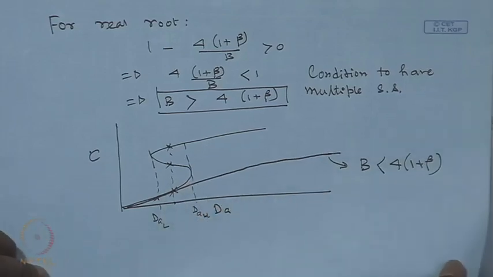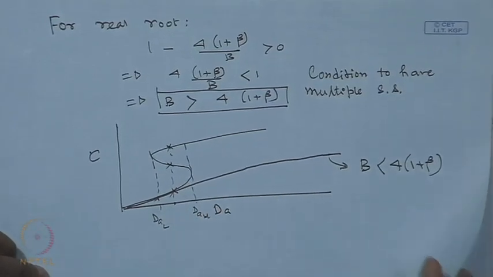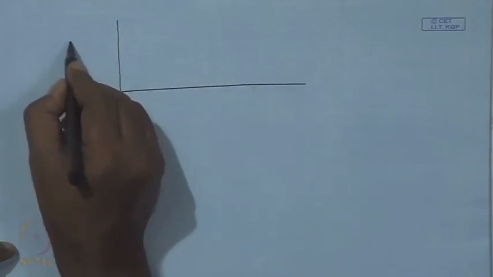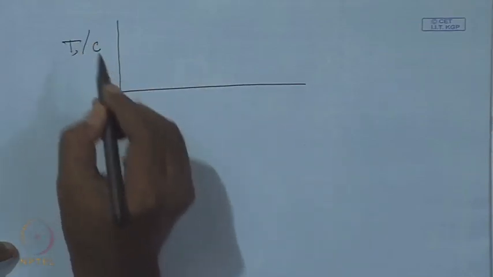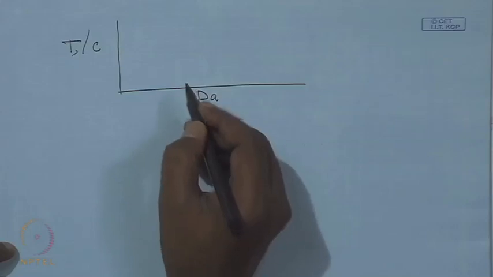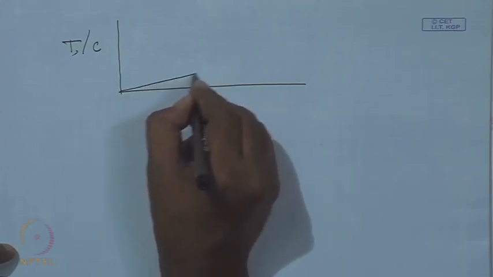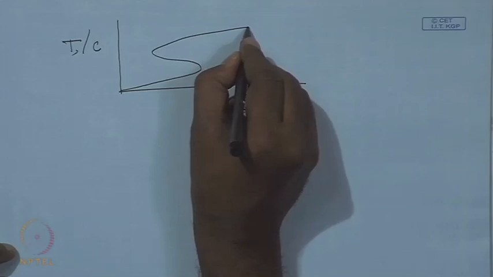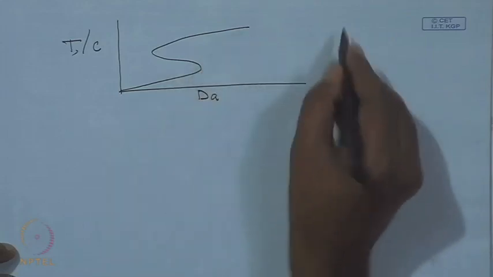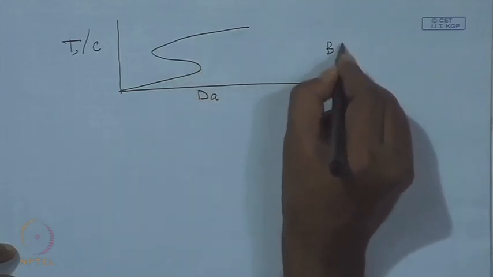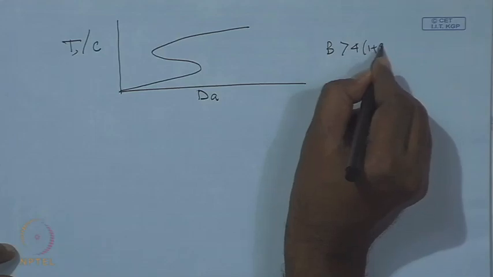If we now plot T or C versus Damkohler number for the multiple steady state case, you will be getting a curve like this. This is the condition for b greater than 4 into 1 plus beta.